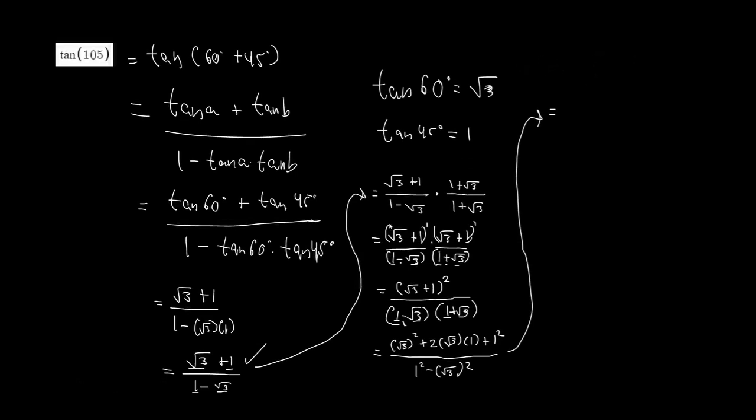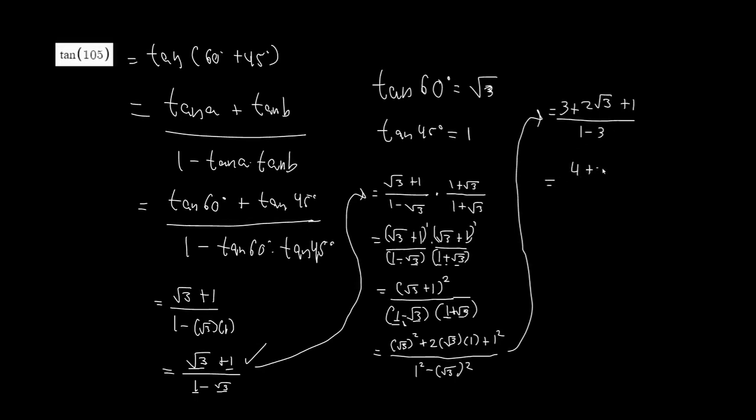Okay, good. Now let's do it. So the square root of 3 squared is just 3. Then 2 times square root of 3 times 1 is just 2 square root of 3. Then 1 squared is just 1, all over 1 minus square root of 3 squared, which is just 3. So let's combine all the similar terms.